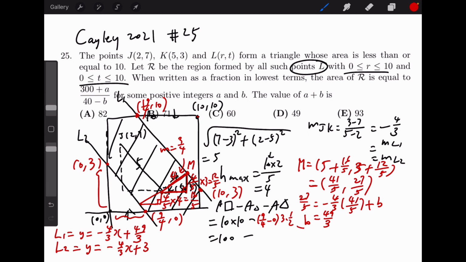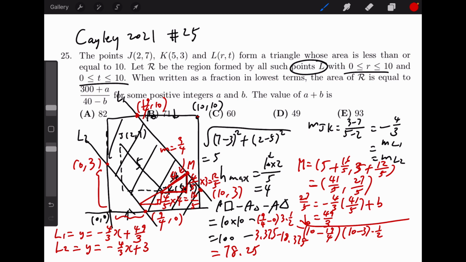And the area of the bigger triangle would be 10 minus 19 over 4, times 10 minus 3, times 1/2. This gives us 100 minus 3.375 minus 18.375, which is 78.25.